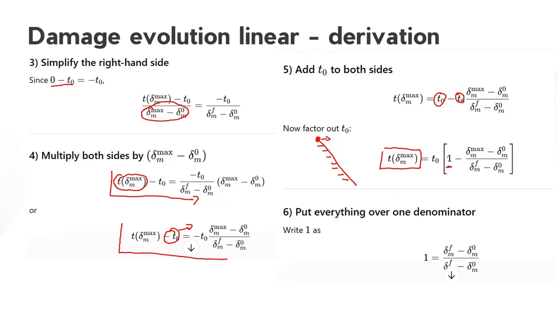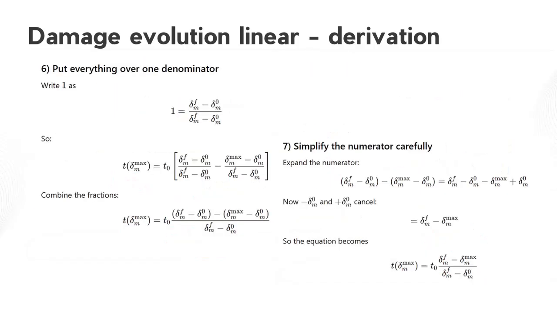So I need to just substitute the number one, I need to put everything over one denominator. So I will do this algebraic adjustment. Once I do that and put it inside the equation, I will combine the fractions. So those two elements will be merged into the denominator.